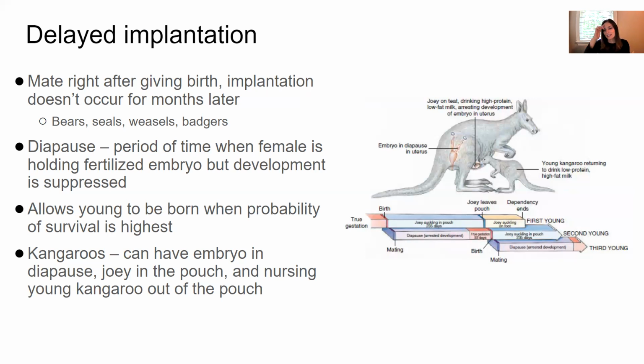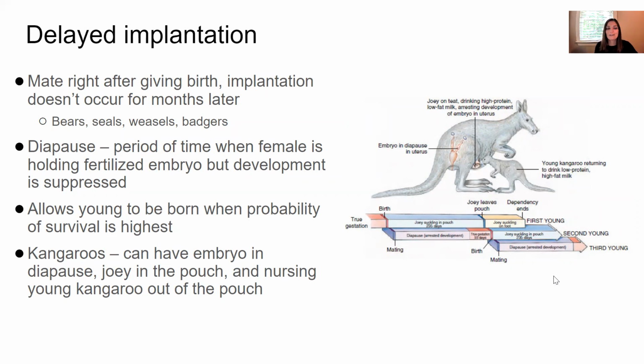Kangaroos are a pretty interesting example of development and of young over different years. So kangaroos, it's possible for them to have an embryo in their uterus in diapause, a joey in the pouch, attached on, suckling, and a nursing young kangaroo that's outside the pouch but still comes back to nurse.